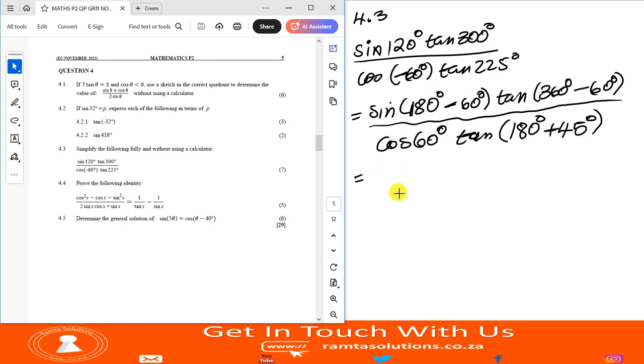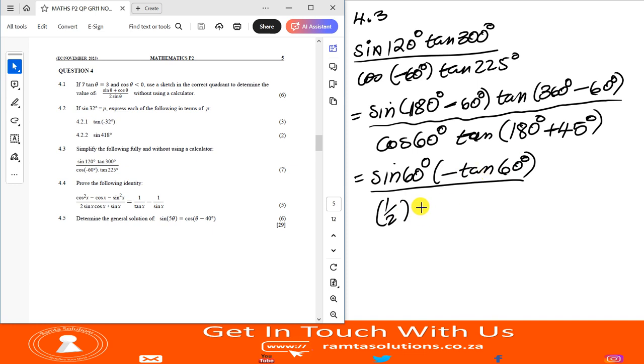Now we have sine in the 180 minus, it's positive, so it'll be sine 60 degrees. Tan in the 360 minus, is it positive or negative? It's negative, so it'll be negative tan 60 degrees. And then tan in the 180 plus, is it positive or negative?